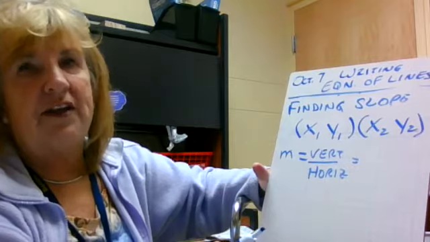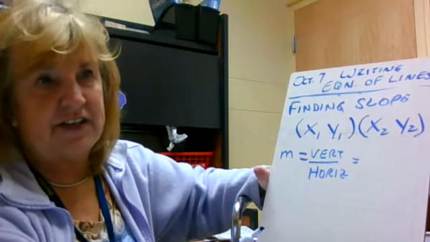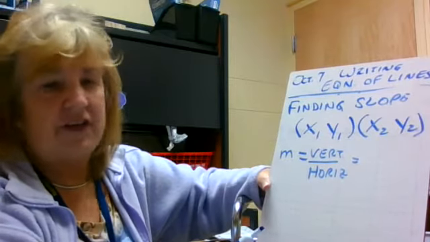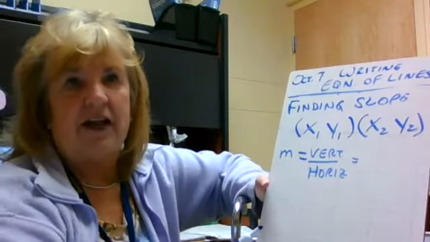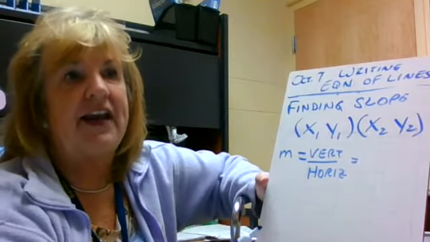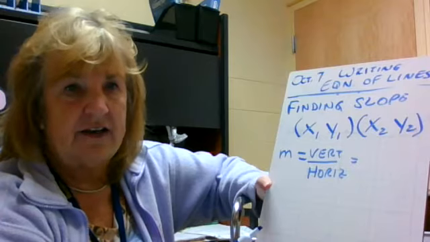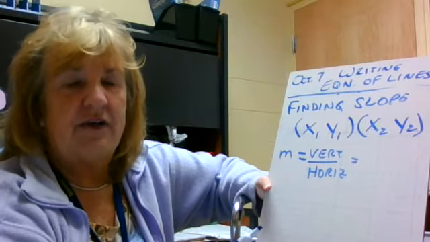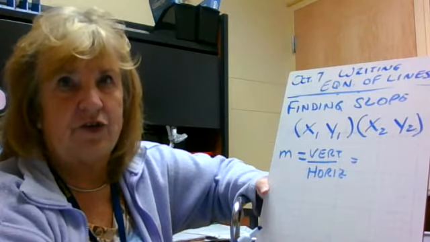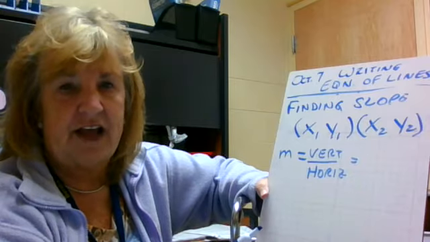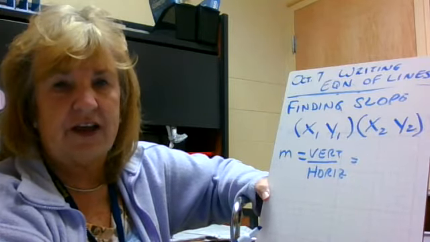Well, the only way that you find the distance between two numbers is to subtract them. Like if I want to know the distance between 7 and 10, I just go 10 minus 7 and I get 3. So there's 3 spaces between 7 and 10. So you're going to do the same thing here.